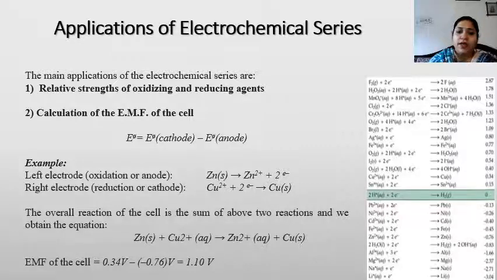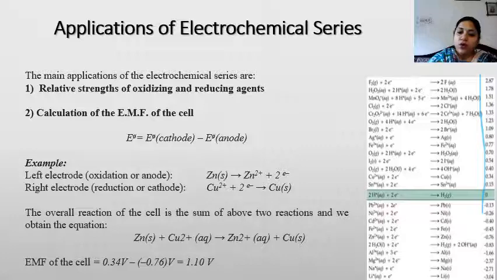The different electrode potentials are already given in the table. With the help of these values we put the value of E naught for the cathode and E naught for the anode, and by subtracting we get the value of EMF for the cell.